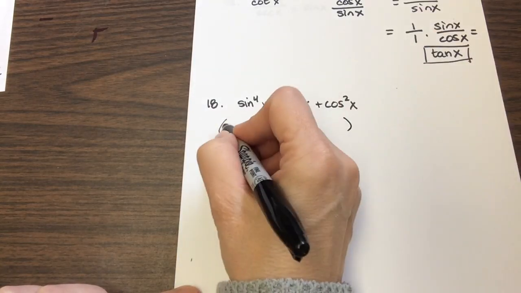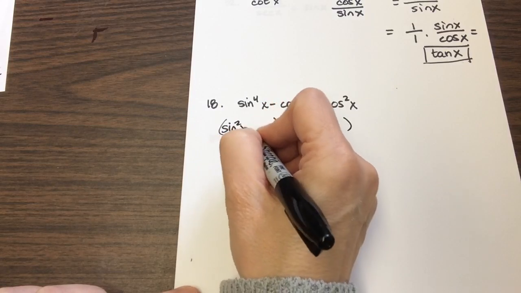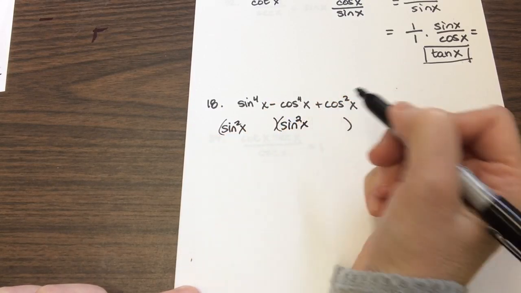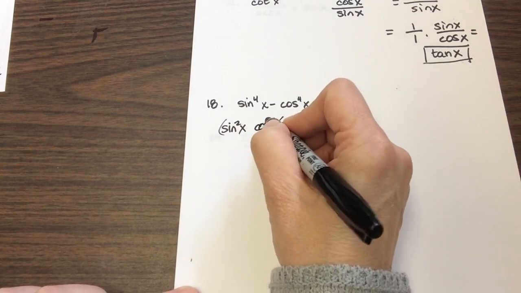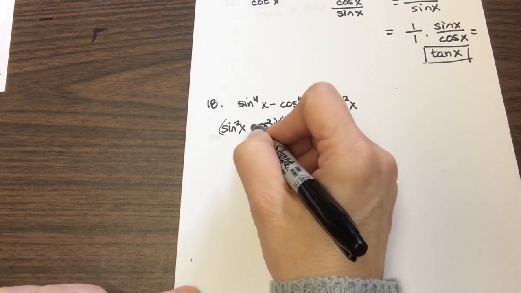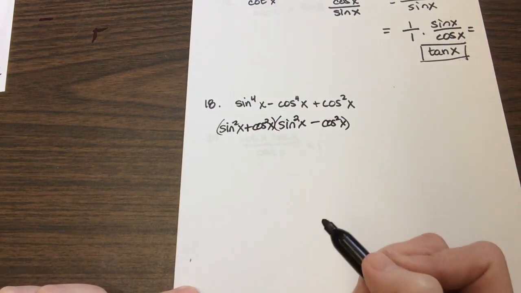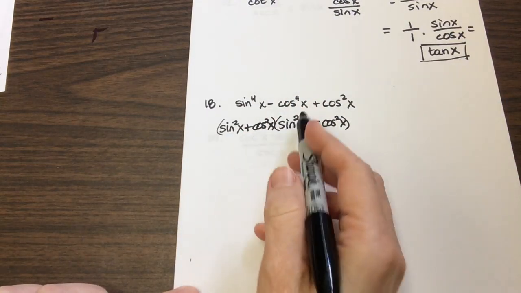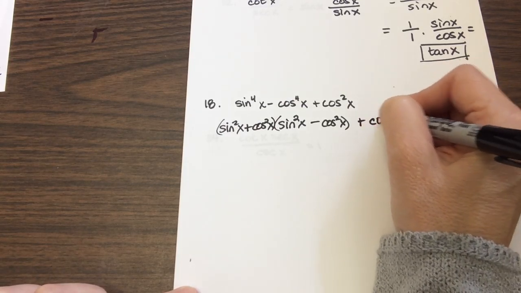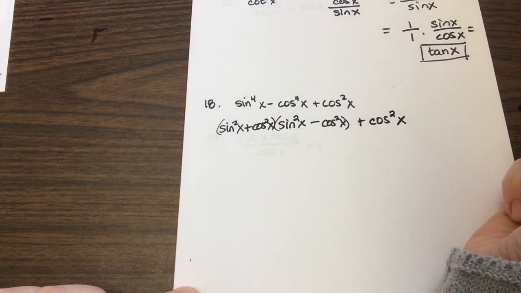This is going to be sine squared of x. This is going to be the cosine squared of x. And my signs are going to be opposite. Okay? So that's that broken down, and then I've still got plus that cosine squared of x.